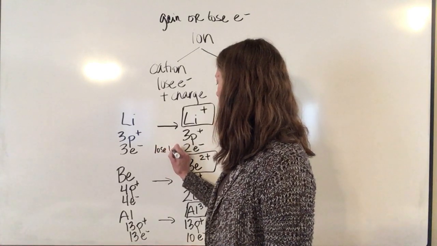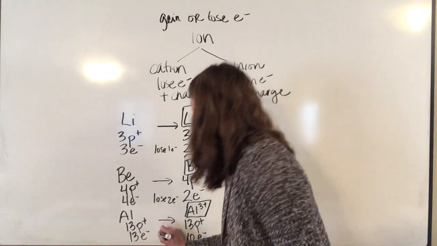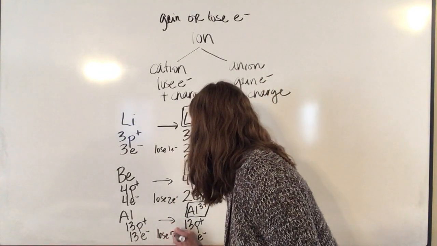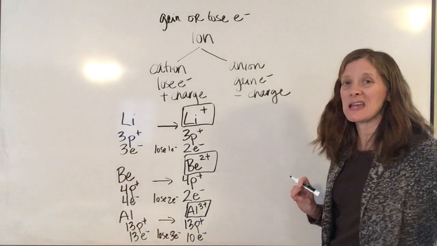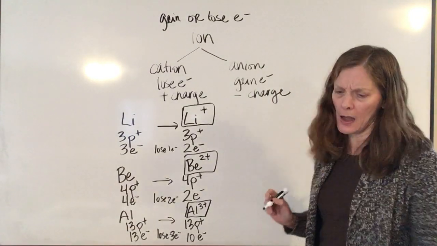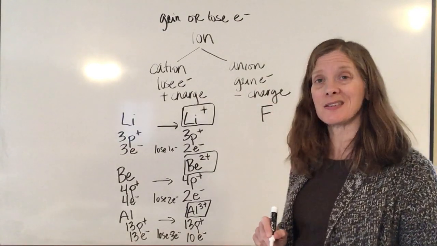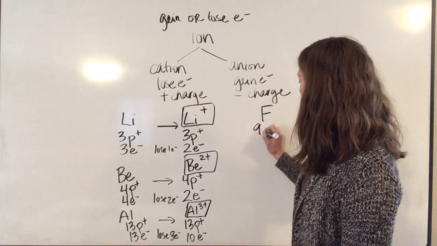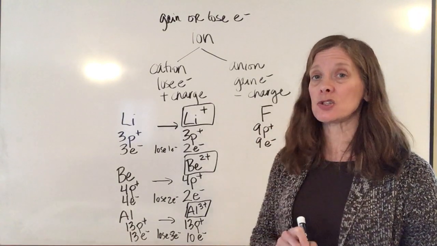Here I've lost 1 electron, here I've lost 2 electrons, and here I've lost 3 electrons. But now what happens when I gain electrons? Let's look at fluorine as an example. Fluorine has an atomic number of 9, so I would have 9 protons and 9 electrons if it is neutral.